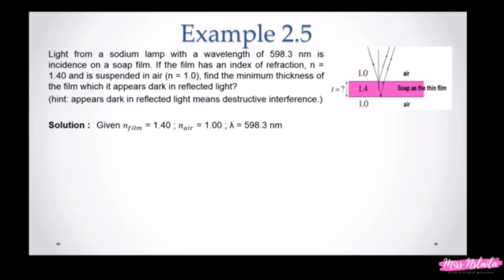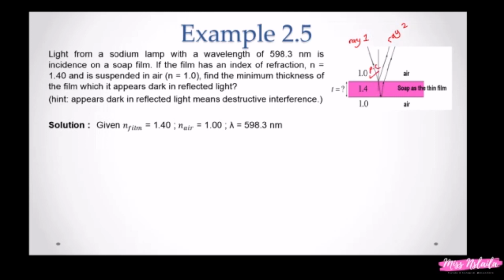Okay, so what happens is the incident ray 1 will be refracted into this thin film and some of it will be reflected as ray 2. So check whether there is phase change or not. Ray 2 is reflected from less dense to denser medium, so yes, there is phase change.